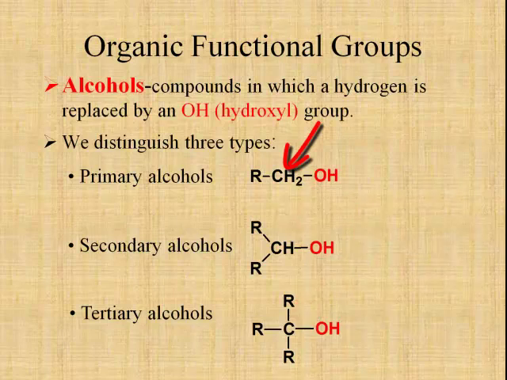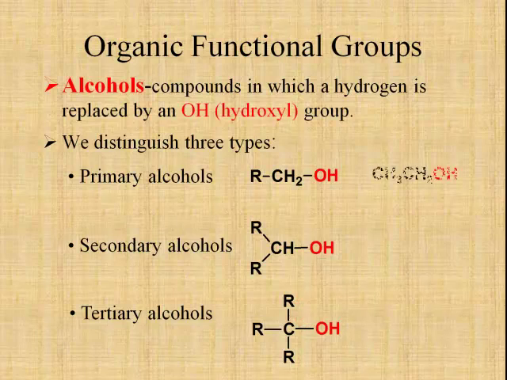So a primary alcohol will have one other carbon attached to the carbonyl carbon. A secondary alcohol will have two other carbons attached to the carbonyl carbon, whereas a tertiary alcohol will have three carbons attached to the carbonyl carbon.